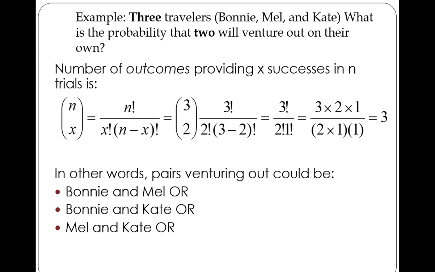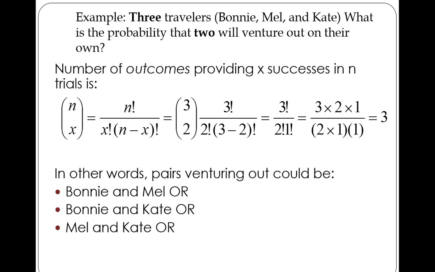The combinations are n factorial over x factorial times n minus x factorial. For 3 and 2, that's 3 factorial over 2 factorial times 3 minus 2 factorial, or 3 factorial over 2 factorial times 1 factorial, which is 3 times 2 times 1 divided by 2 times 1 times 1, which is basically 6 divided by 2, or 3. So there are 3 ways this could happen.